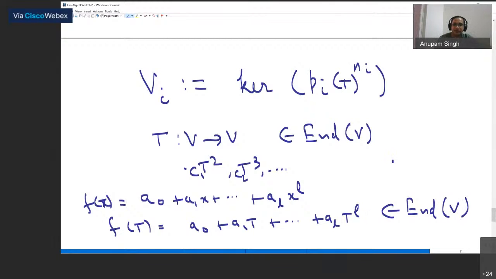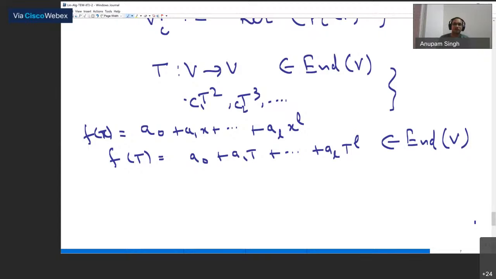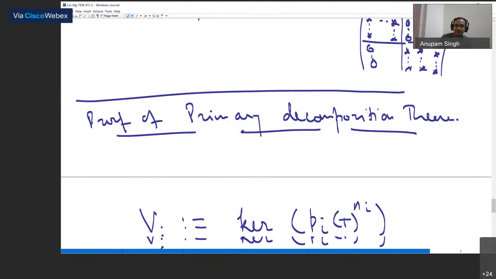So as I explained here, it makes sense to take a power of a linear transformation, which is basically just the composition of T with itself, right? So this makes sense, and hence it's a linear transformation. And once I have a linear transformation, I can try to take the kernel of that, right? So that is how the Vi makes sense.